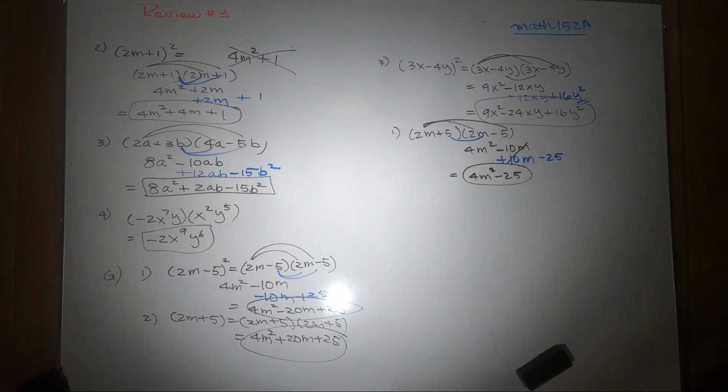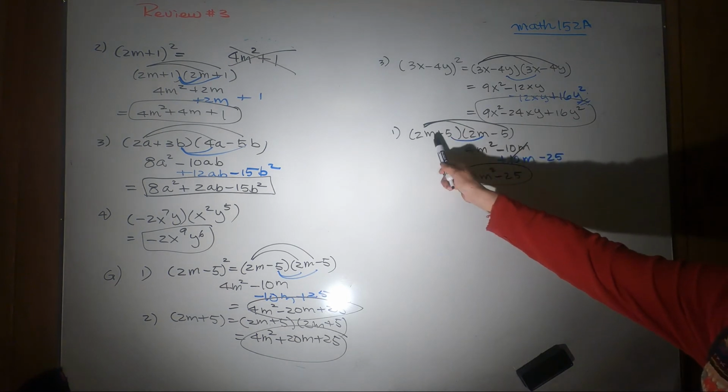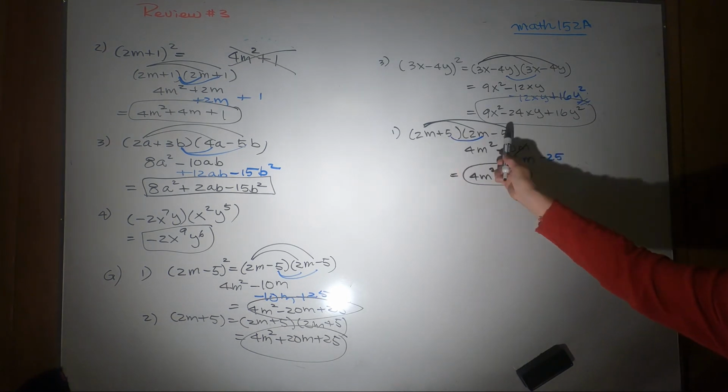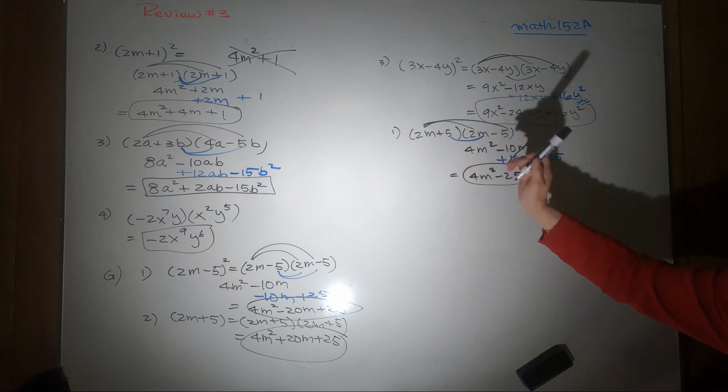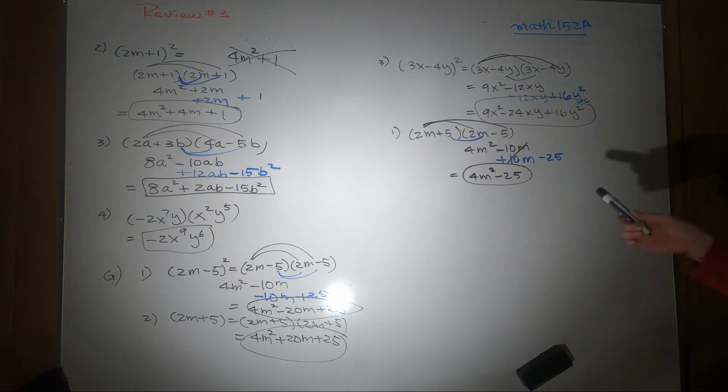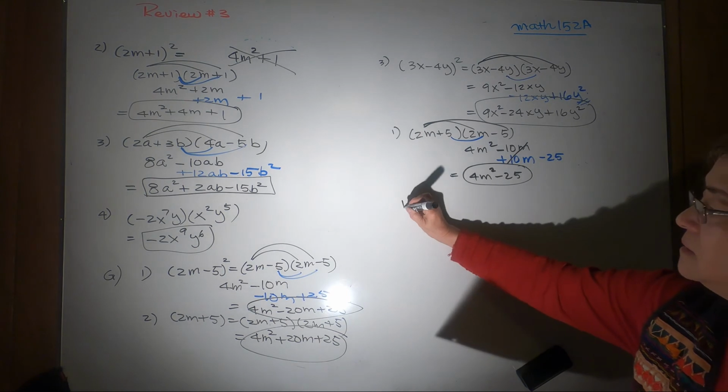How many terms you have? Only 2. Binomial. So if one is a sum, they are the same kind, right? 2m, 2m, 5, 5. So one is plus, one is minus. You end up the middle part cancels out, right? You end up only having a binomial, not like those. You have trinomial. Okay? Next one.